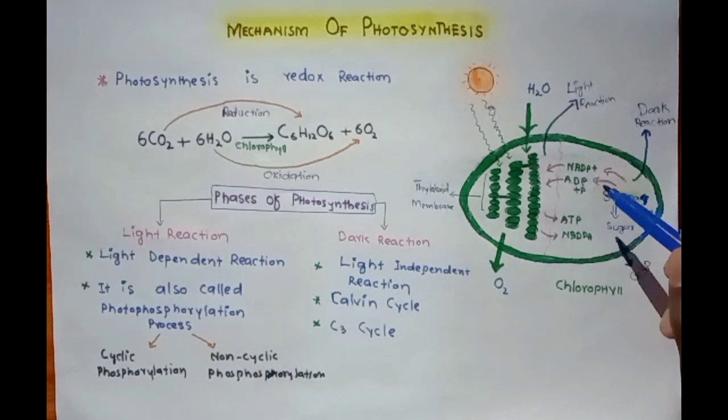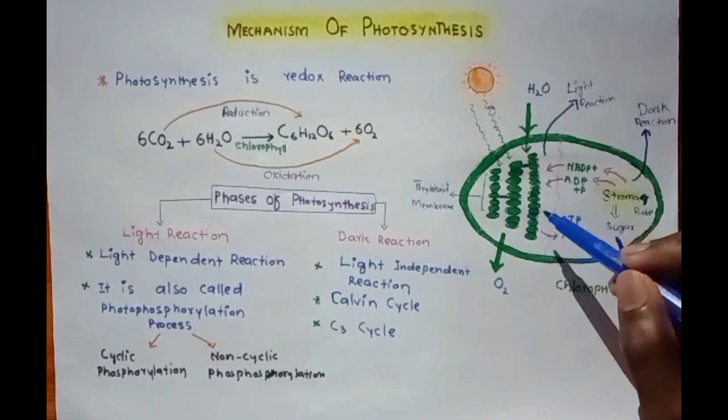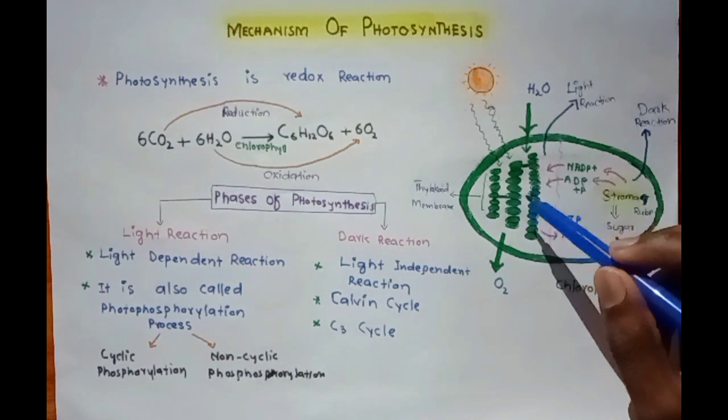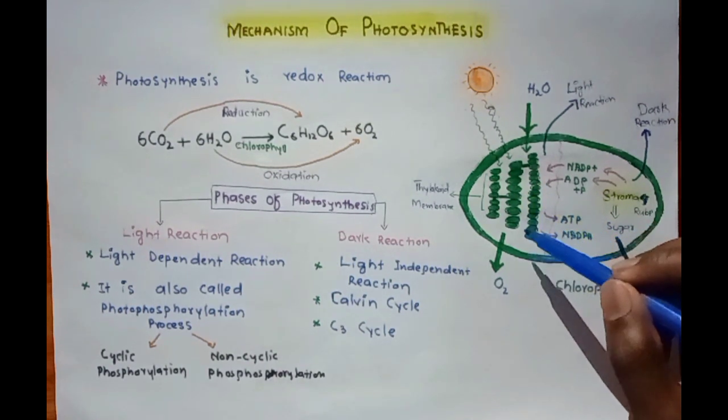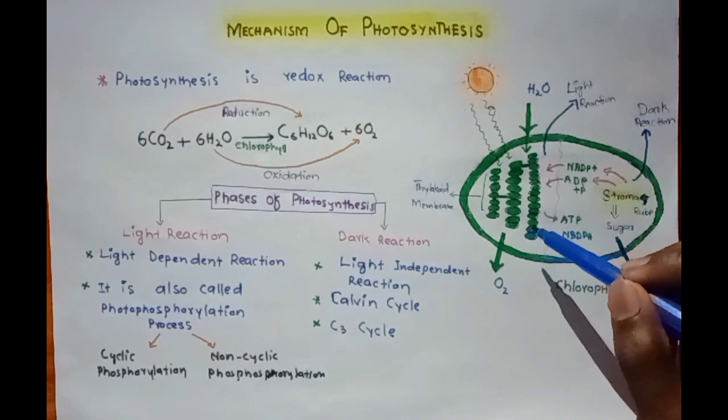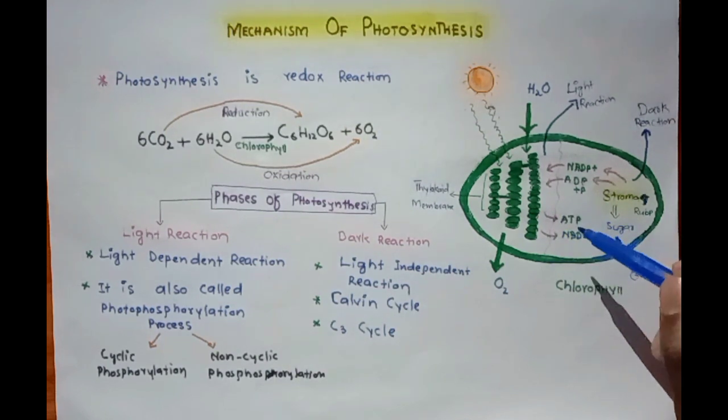In the stroma they make sugar, G3P, using RuBP, a 5 carbon compound. This is the dark reaction and this is the light reaction. In the thylakoid membrane, when light falls on it, oxygen is given off as a byproduct.